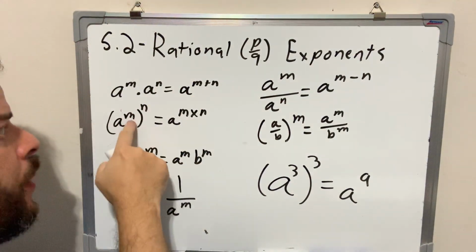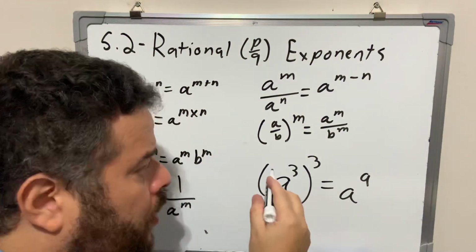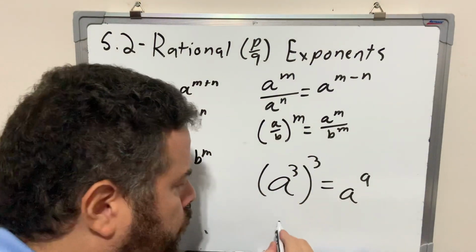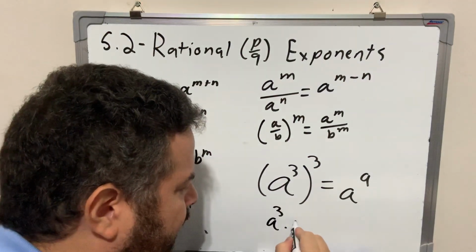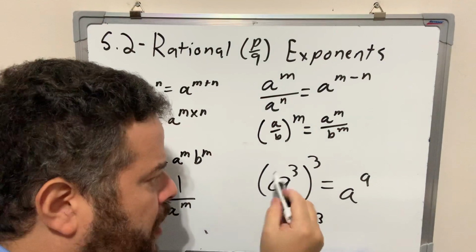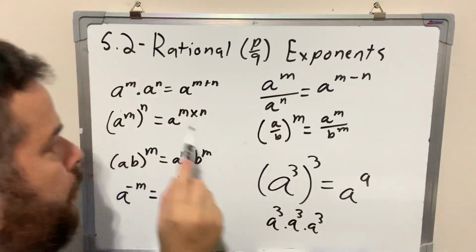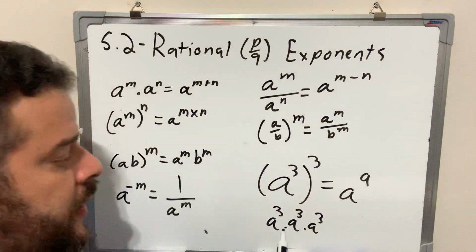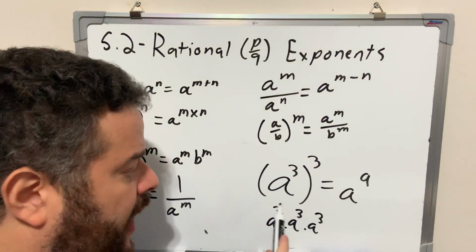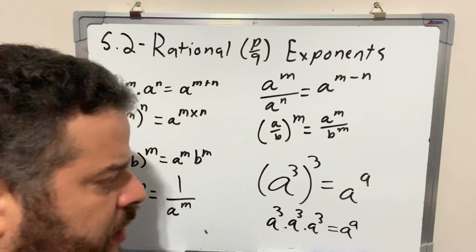When we raise to a power, you multiply. And if we were to break it down, would a to the 3 cubed not be a to the 3 times a to the 3 times a to the 3? That number times itself this many times. And now if I apply the rule of the product, and I add all my exponents, I end up with a to the power 9.